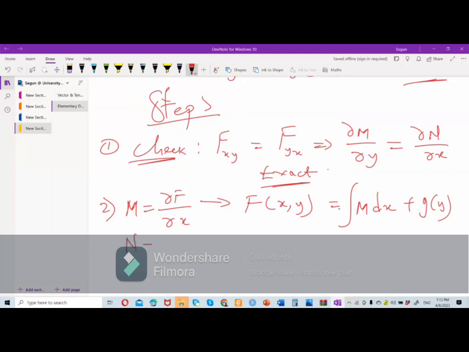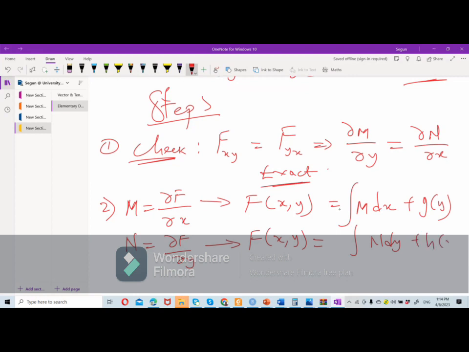Then we have n also, the f dy, which implies f of x comma y equals the integral of n dy plus h of x. If you are differentiating the f dx, this will be the order of the day.